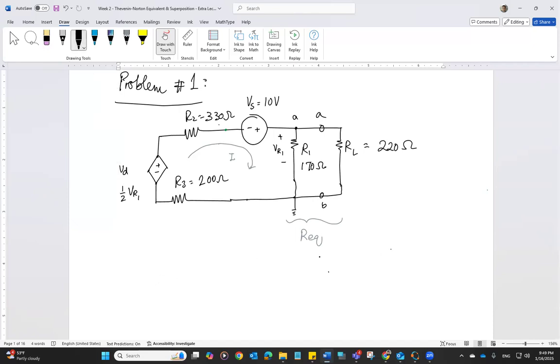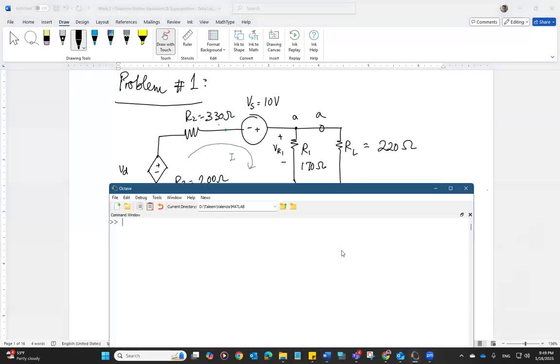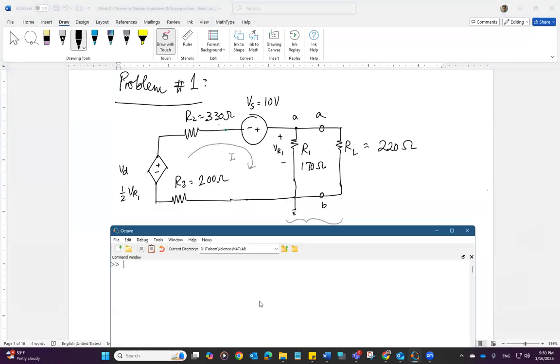The first thing we are going to do is find the equivalent resistance. So let's open MATLAB. We can do pretty much everything in MATLAB. Let's go ahead and plug in all the values. So I have Vs is 10, R1 is 170, R2 is 330, R3 is 200, and the load resistor is 220 ohms.